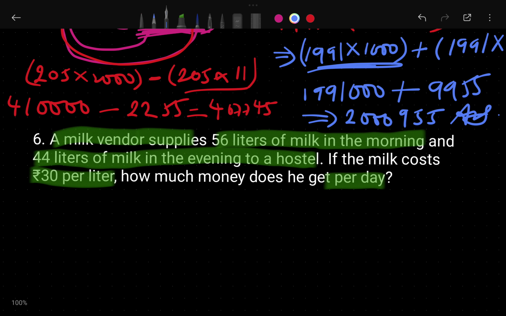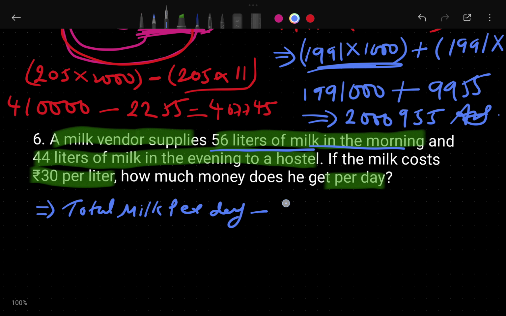This question is telling about the total milk per day. Let's write here: total milk per day. We have to write per day. So total milk per day: 56 liters in the morning. In the morning he is taking 56 liters. L means liter. Then let's add 44 liters of milk in the evening.